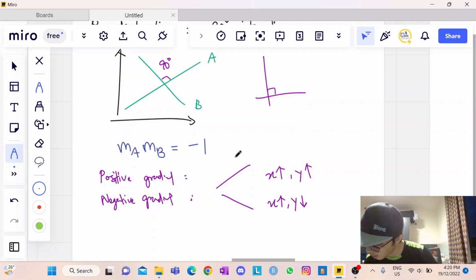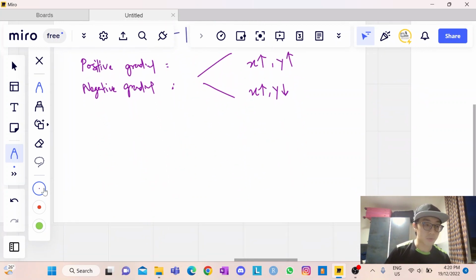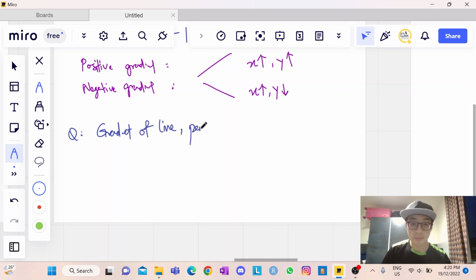Okay, so I have the first small example here, also from the syllabus, the thing that says what you guys need to know. Find gradient of line perpendicular to y is equals to 3x plus 1.